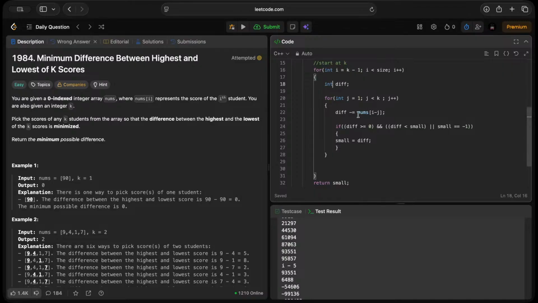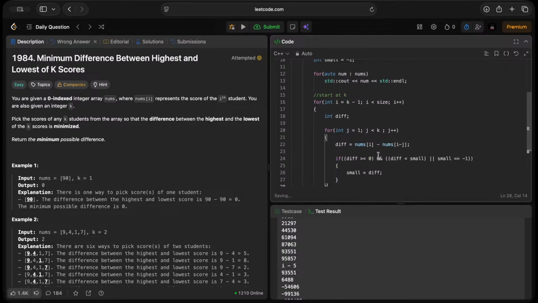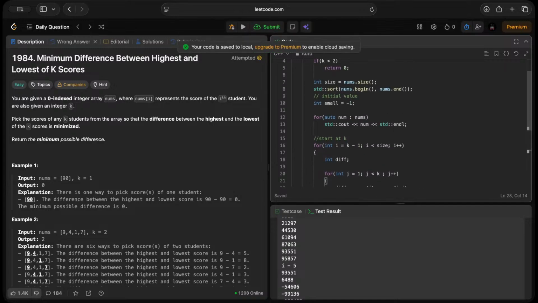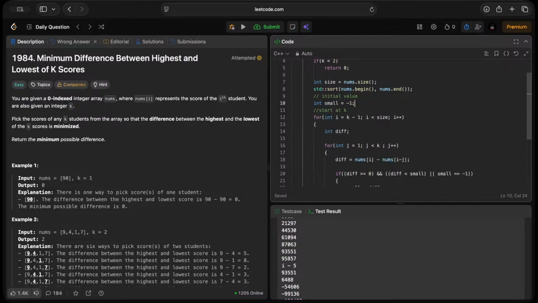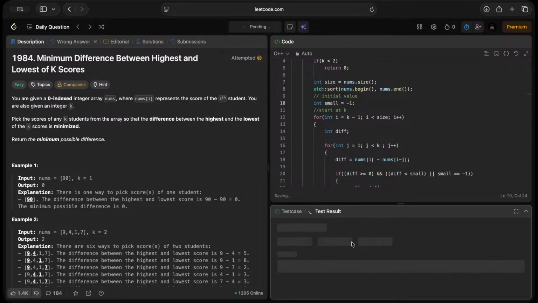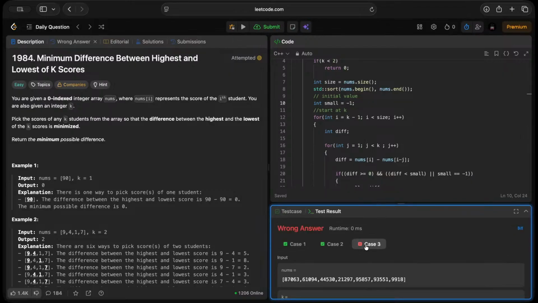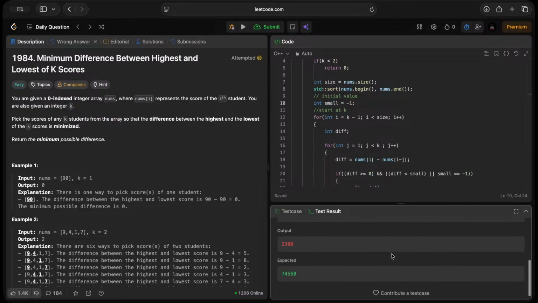So we just have int diff equals nums of i minus that. There's probably a faster way to do that. Get rid of that. Run. Still got the wrong answer. Guess we got 2306.